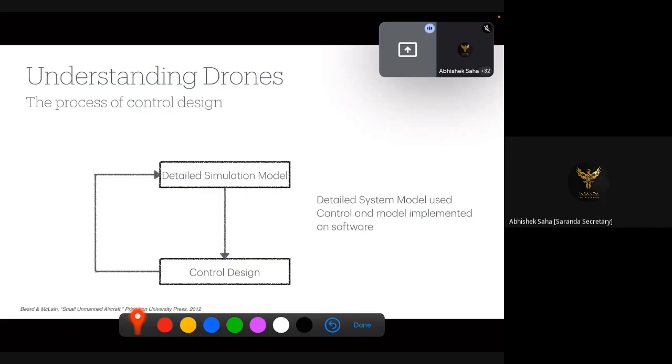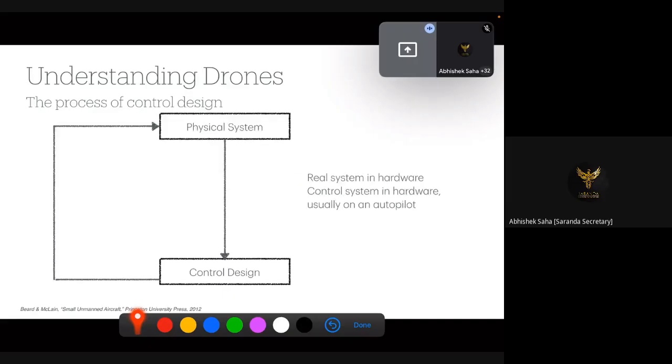We use the controller and run the simulation with the detailed model, observe the output and tune the controller accordingly. Once the performance is fine, the next step is to integrate this control along with the physical system. So the physical system is the hardware, and the controller goes on to the autopilot board as software.